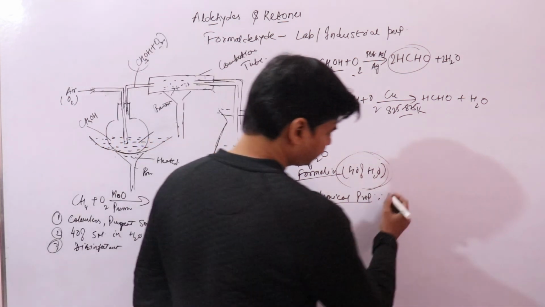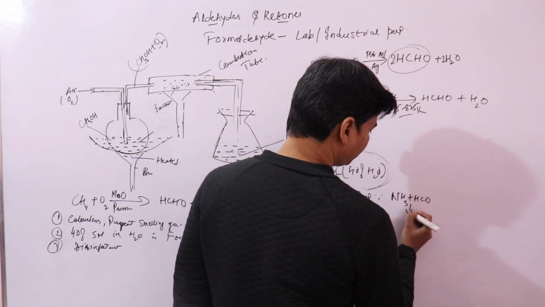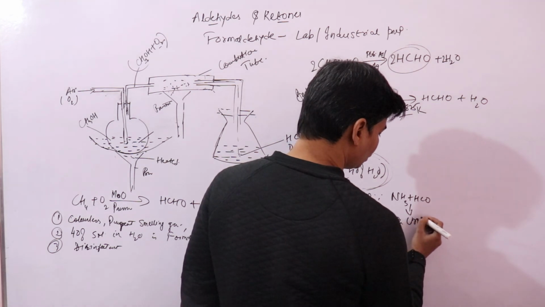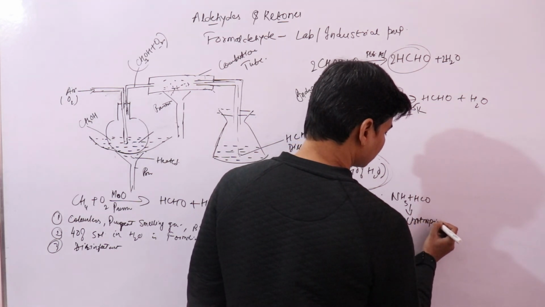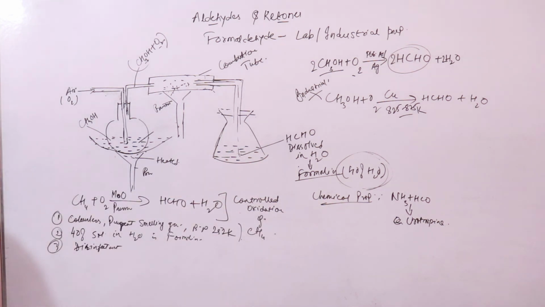With ammonia, formaldehyde will form a compound known as urotropine. This reaction is not given by other aldehydes.